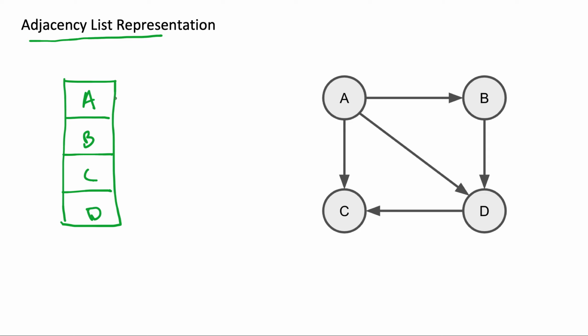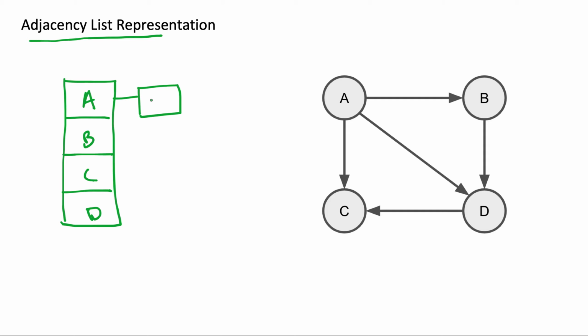Okay, next, for each of these vertices present in this graph, I need to create a list of vertices which are adjacent to each of these vertices. So for example, I have A here. Now you just look at the vertex A, then you find which vertices are adjacent to A. So the vertex B is adjacent to A, vertex C is adjacent to A, and vertex D is adjacent to A. So you create a list that represents each of the adjacent vertices.